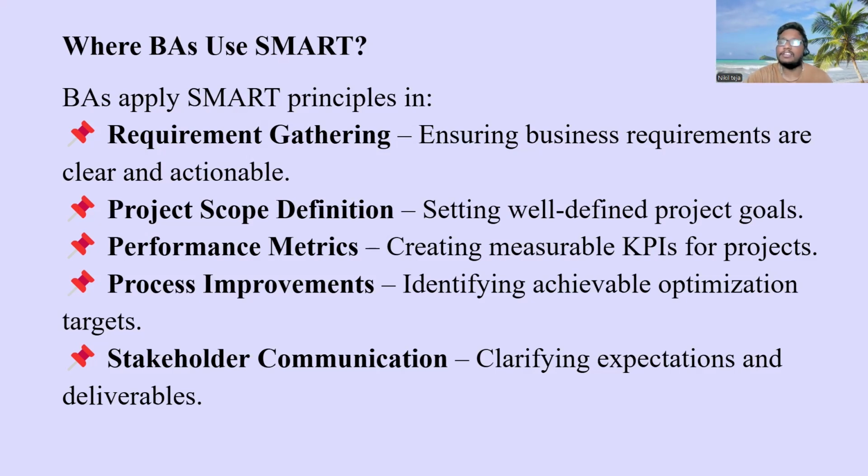We can state the defined goals. So the SMART framework is also used in stakeholder communication, clarifying expectations and deliverables. Yes, expectations is the correct word. So we can clearly say the expectations which we have and which they are expecting.